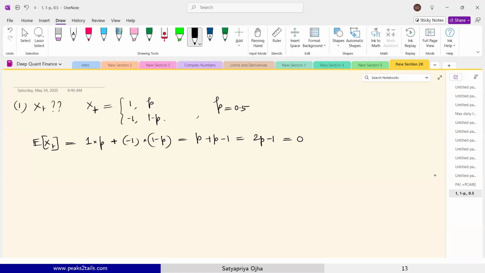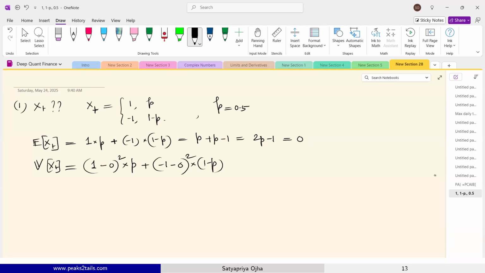Okay, so on an average, it's very, very easy to see, right? Plus 1, minus 1, equal probability. That means on an average, it is 0. So no rocket science there. The variance of xt is value minus mean whole square times p plus value minus mean whole square times probability of the value, which is 1 minus p.